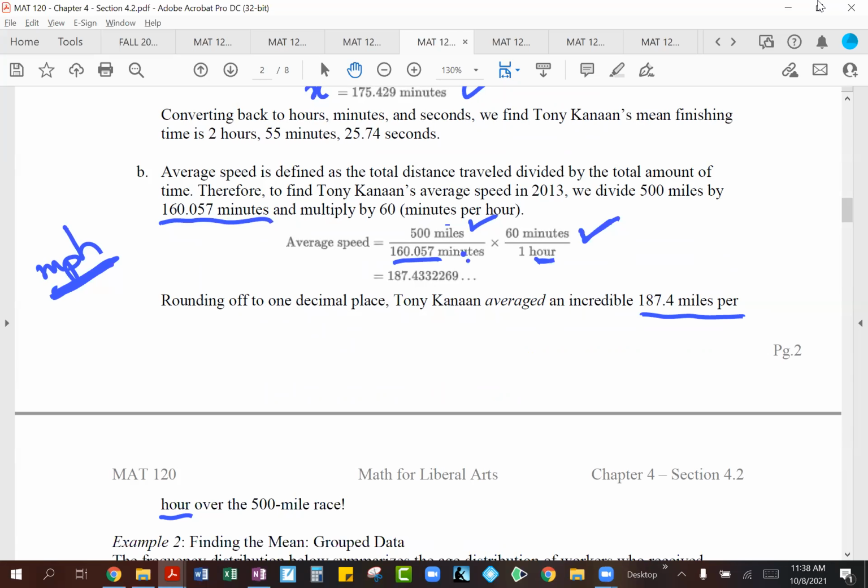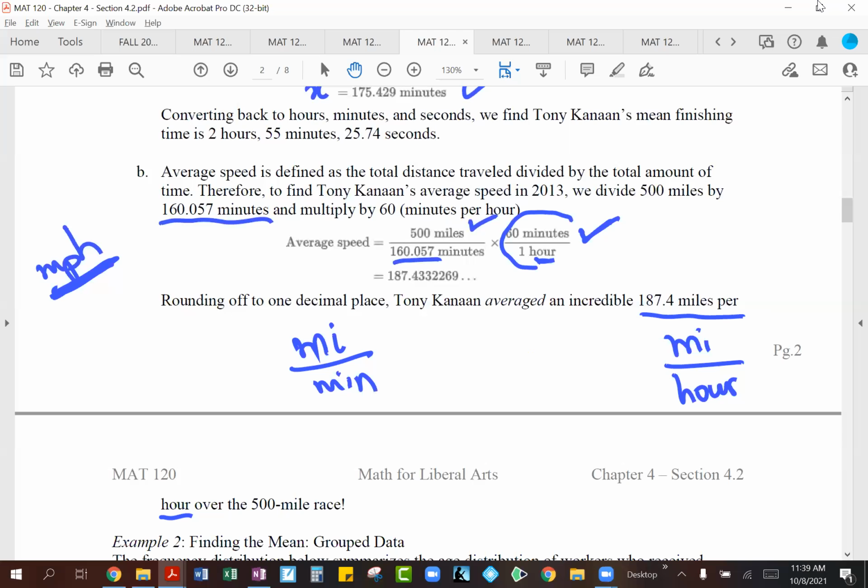So if this is a calculation you have not done in a long while, this is what we call dimensional analysis. What that basically means is you can see we had miles per minute to start out with. We need to convert this into miles per hour, so you need to get rid of those minutes in the denominator.